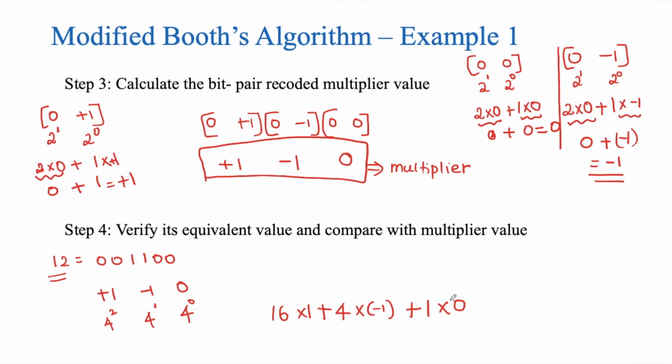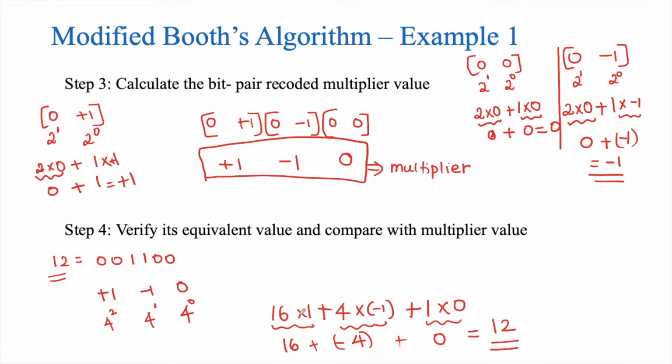1 into 0. Therefore, this can be 16 into 1, 16. 4 into minus 1, which is equal to minus 4. 1 into 0 will be 0. So what is 16 minus 4? It is 12.